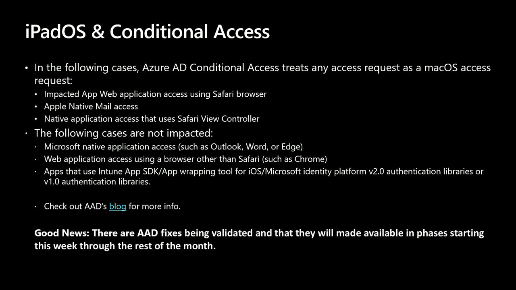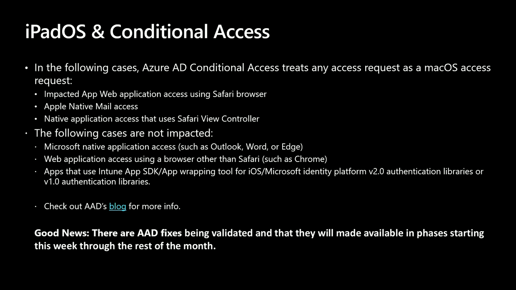There is the blog that I call out. This will be posted, so take a look on the Azure AD blog for conditional access. It gives some guidance around how you may be able to configure your policies to help alleviate this, like, for example, maybe MFA on Mac. But really, the idea is that the initial call from, let's say, the native mail for modern auth is reporting to AAD as macOS, and if you don't have macOS policies for your conditional access, it's going to let your user through.